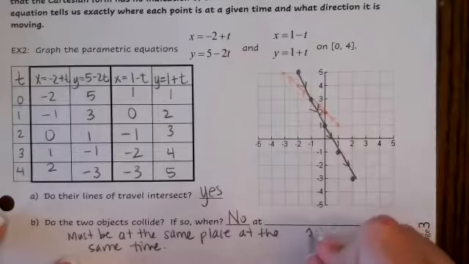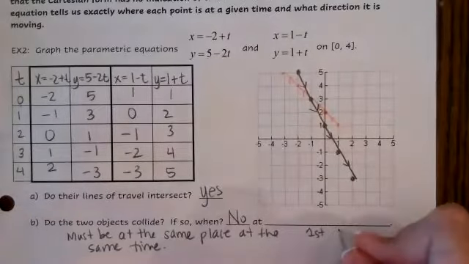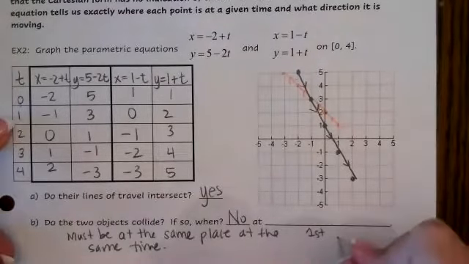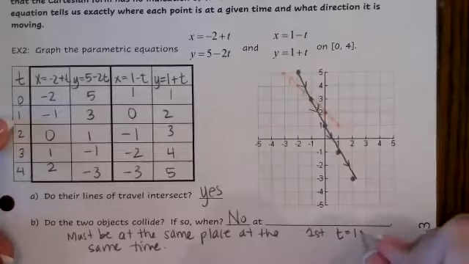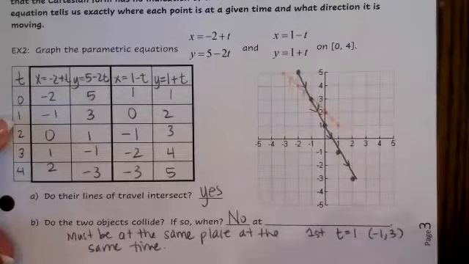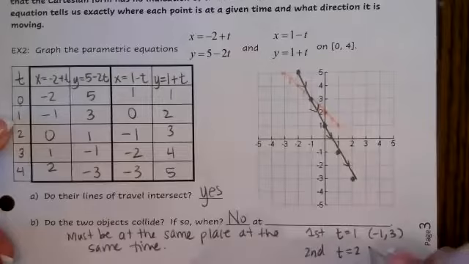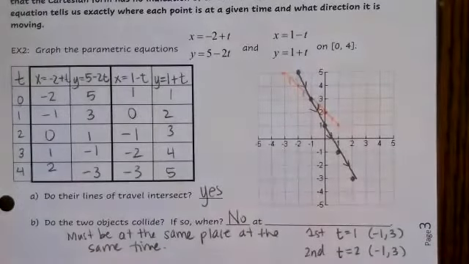In this case, the first one at t equals 1 is at -1, 3. And the second one at t equals 2 is at -1, 3. So that's why they didn't collide, because one was there at 1 second and the other one was there at 2 seconds. All right, we're going to take a look at another one here.